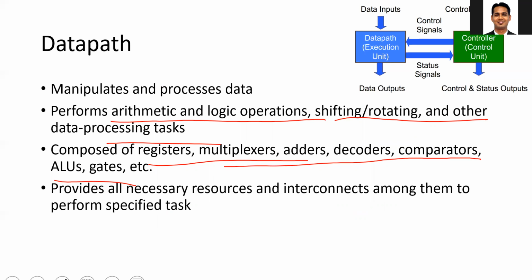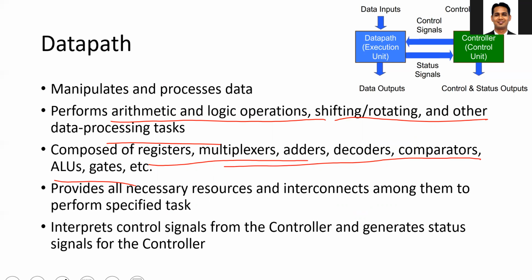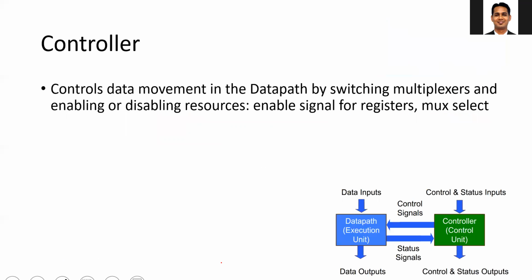It provides all necessary resources and interconnects among them to perform the specific task. To conclude, the data path is the unit which takes the instruction from the controller and performs the data operation. It interprets the control signals from the controller, performs the data processing, and gives the status back to the controller. So this is how the data path works.